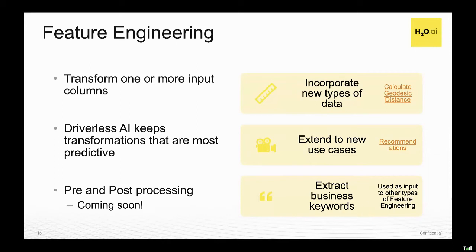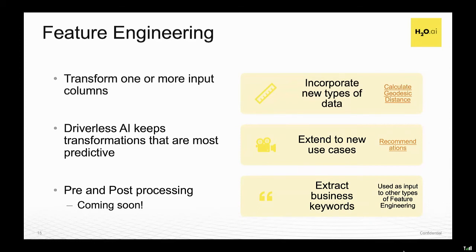We can also use these to extend to new use cases. For example, we have a recipe that will compute a recommendation matrix for you. If you think about use cases where some users have watched some movies and we know what they like, but we don't know how they feel about others, that can be a very big matrix that needs to be created. So the recommendation feature engineering can do that.